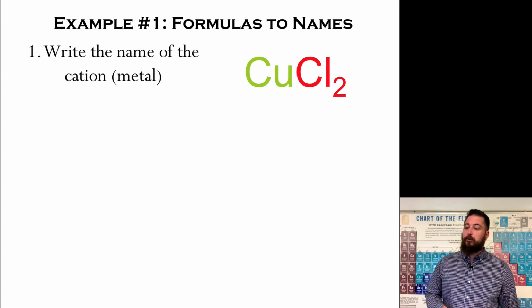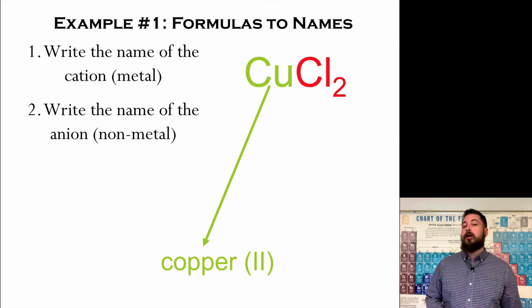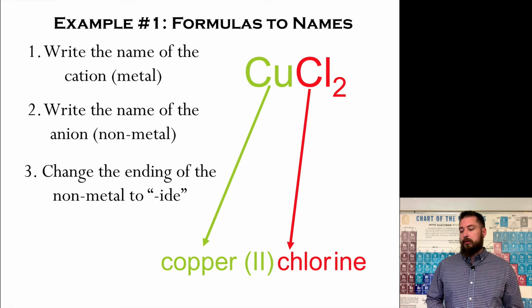When we're writing this, we don't just write copper, we write copper(II), because we need to distinguish that it's a 2 charge and not just a 1 charge. And then we write the chloride. Now, there is also copper(I). So what would the formula be if it was copper(I) chloride?